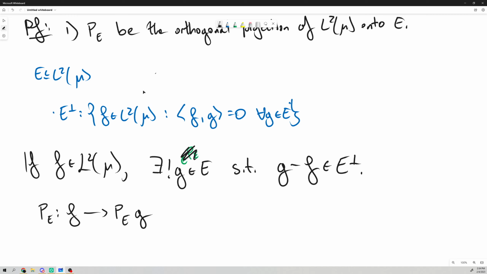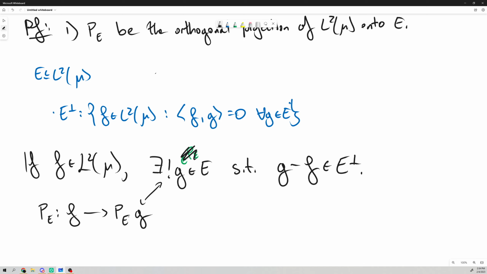So if anyone has any confusion about this, and by PE f, I mean this right here. I'm going to write the orthogonal projection of the identity map, and that is the unique element of the closed subspace such that this difference is in the orthogonal complement.